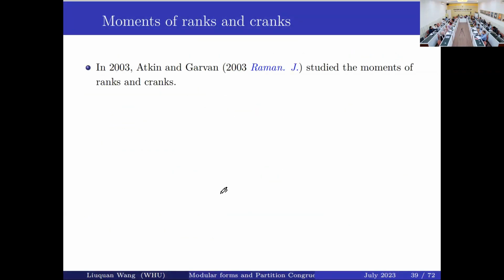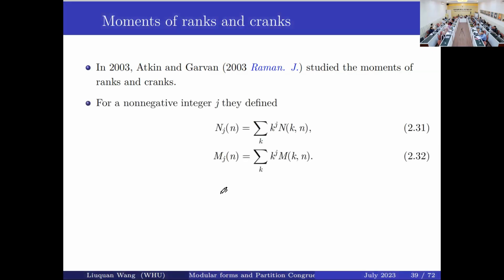Okay, so what can we do after all these works? Around 2003, Atkin and Garvan studied the moments of ranks and cranks. For a non-negative integer j, they defined capital N_j(n) to be the jth moment of the rank function. That is, it is the summation of N(k,n) times k to the jth power.